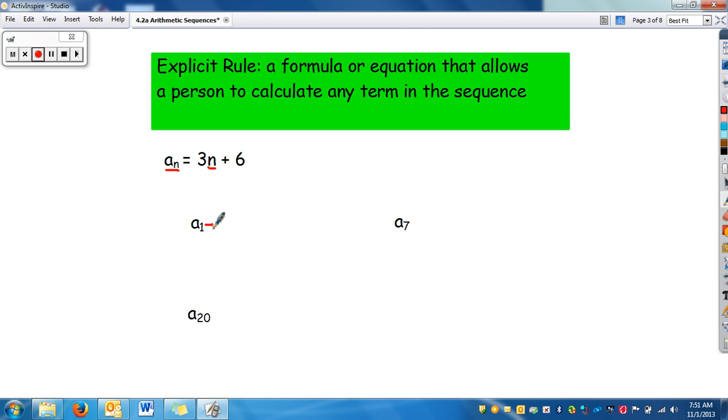So if I want to calculate a sub 1, my n is 1, so I go 3 times 1 plus 6, which is 9. If I want to calculate a sub 7, now my n is 7, so I'm going to go 3 times 7 plus 6. 3 times 7 is 21, plus 6 is 27.